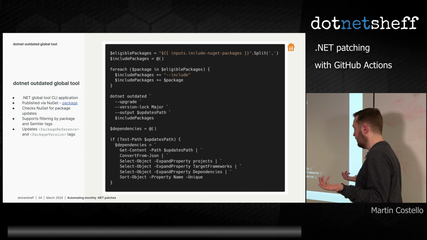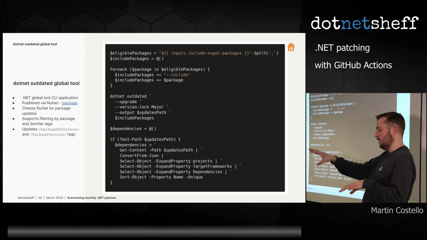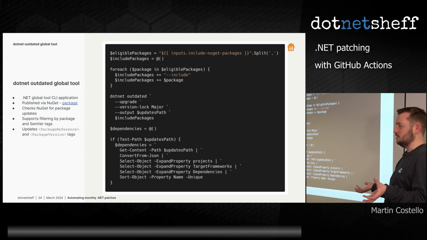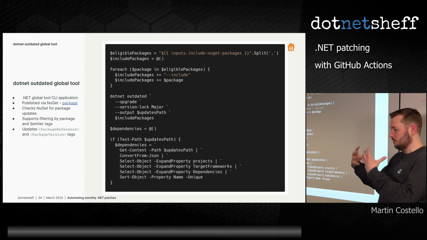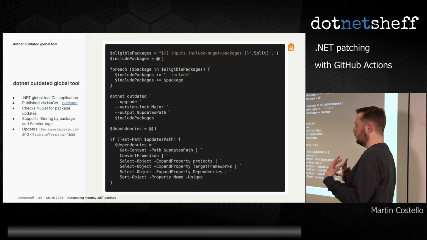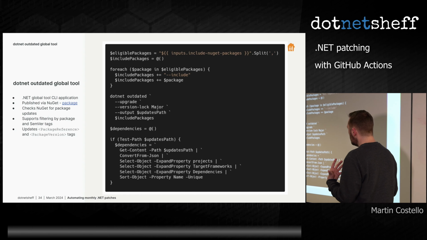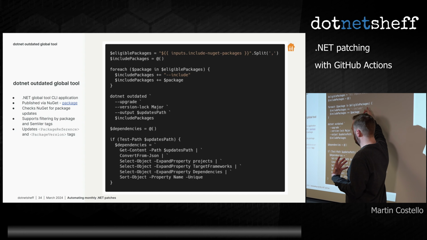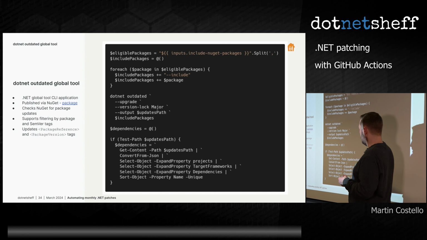Personally, I prefer to use Dependabot to do that because I get a change per thing. So if there's a bad change, I can merge all the others and leave one alone rather than it all being bundled together in one big blob, and then I have to unpick it if somehow, for some reason, it's broken. So it goes through and it includes the packages that we want to update and then updates them.